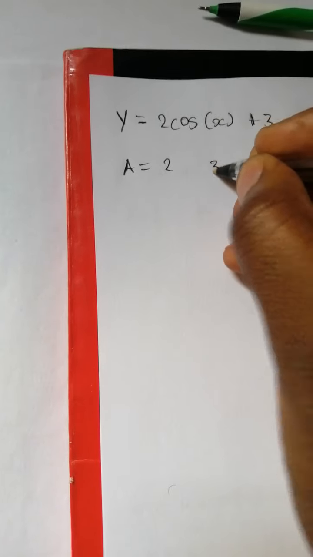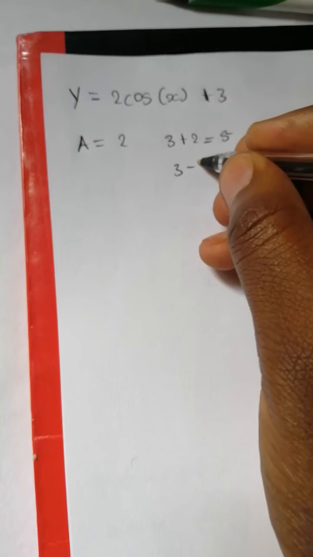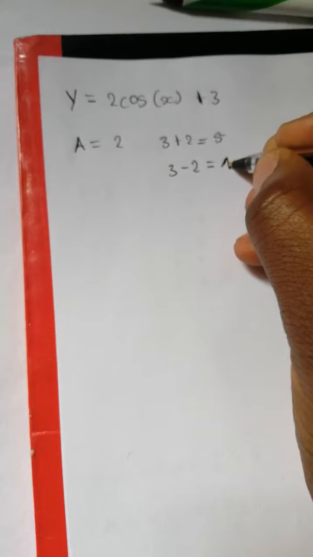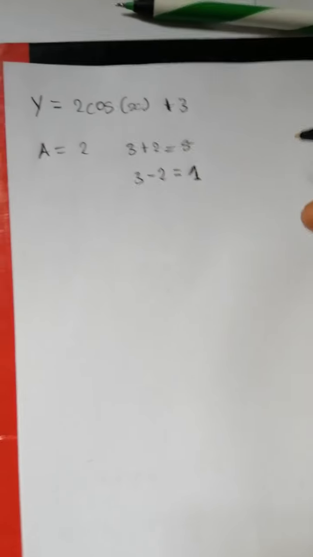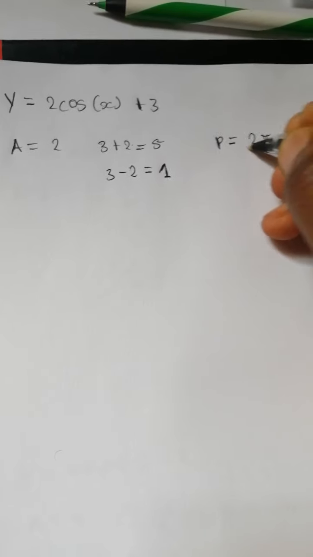The upper limit will be 3 plus 2, which is equal to 5, and then the lower limit will be 3 minus 2, which is equal to positive 1, like that. And then the period is equal to 2 pi over b.